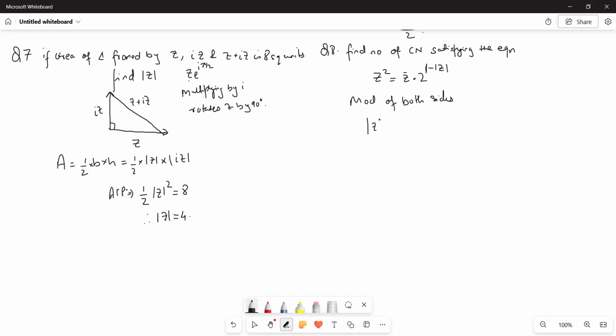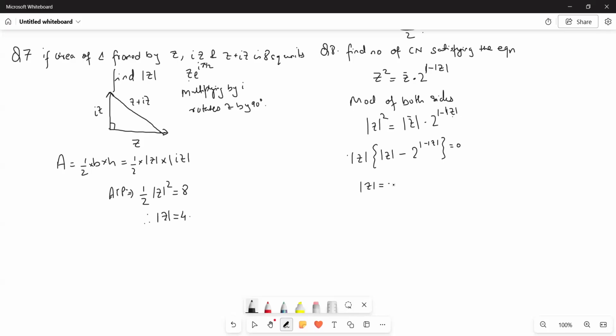So we'll get mod z square is equal to mod of z bar, and do note that 2 to the power 1 minus mod z will be a real number. Mod z is real, 2 power 1 minus mod z is real, so mod नहीं आएगा इस पे. ठीक है, but mod z bar is the same as mod z, so this will be like mod z taken common और ब्रैकेट में हो गया mod z minus 2 to the power 1 minus mod z is equal to 0.